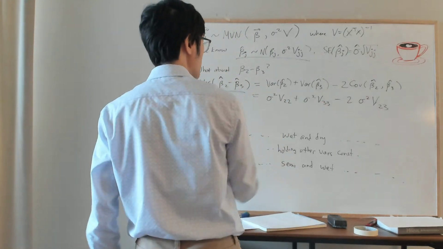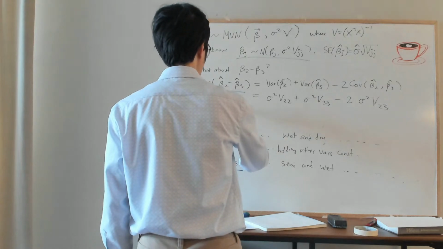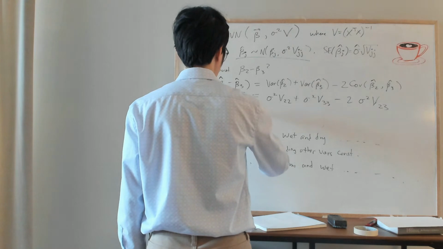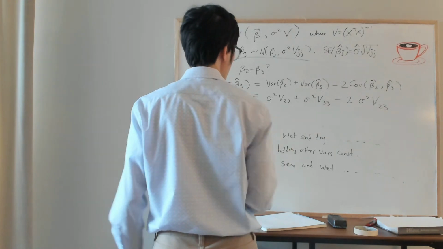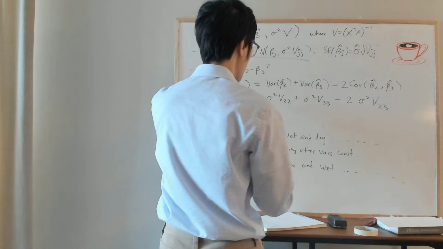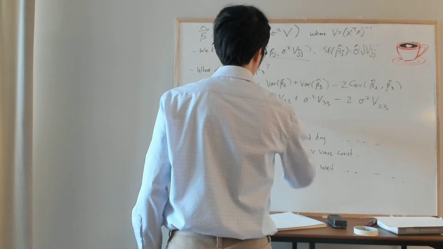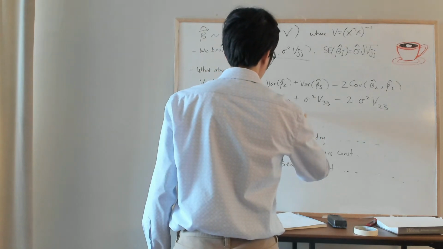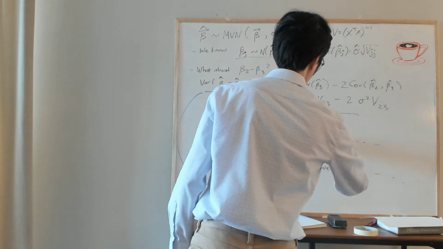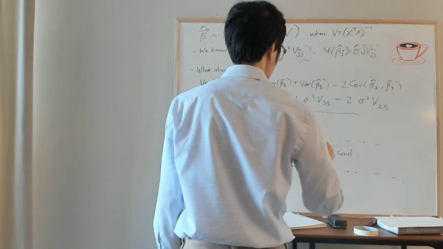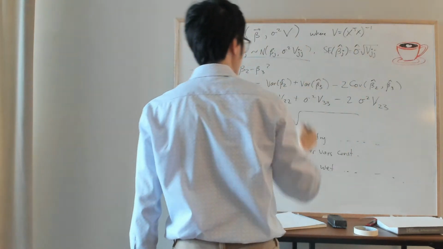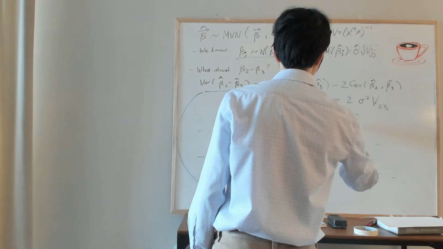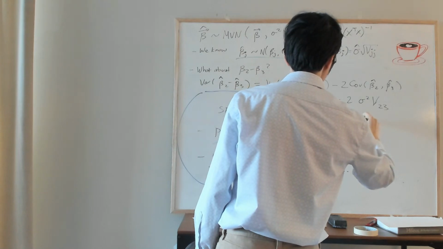With that as the expression for the variance, our standard error for this difference is the value we actually calculate, where we plug in the estimate for sigma squared, so we have sigma hat, and take a square root. So we have sigma hat times the square root of these three things coming from the V matrix: V22 plus V33 minus 2 times V23.